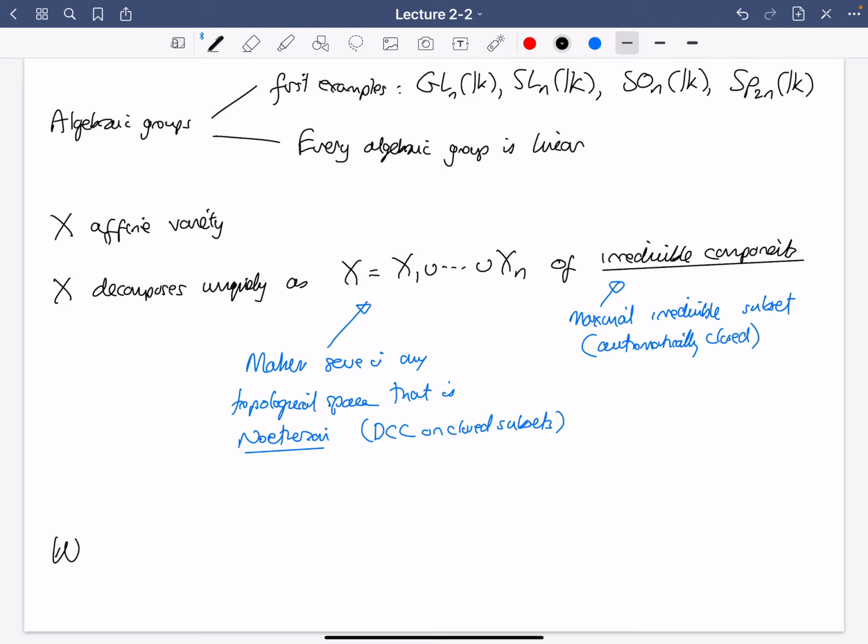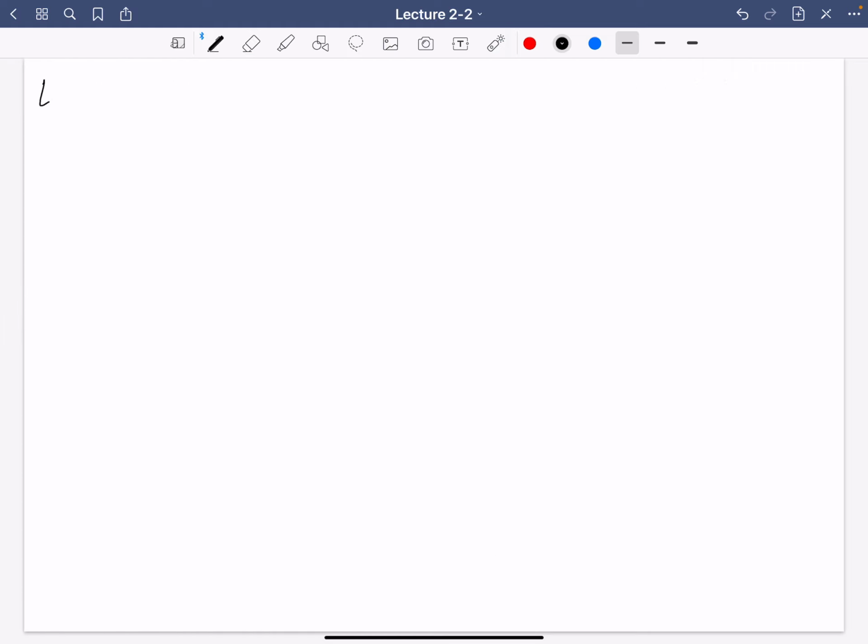So now I want to think about what an irreducible component looks like for an algebraic group G. That's the first lemma today. It answers this question. So now G is an algebraic group.